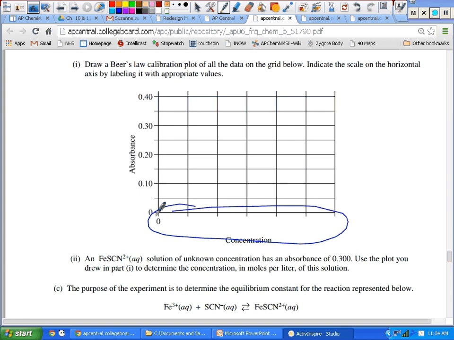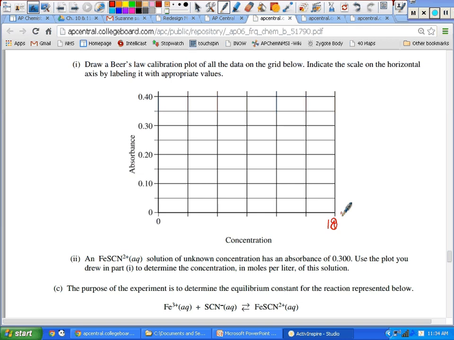So, here's what you need to do. We know that it starts at 0 and it has a certain scale. What is the highest concentration they give you listed? 18. So do you agree that it would probably be a good idea to put 18 at the very end? Okay. Now, here's what they asked earlier.